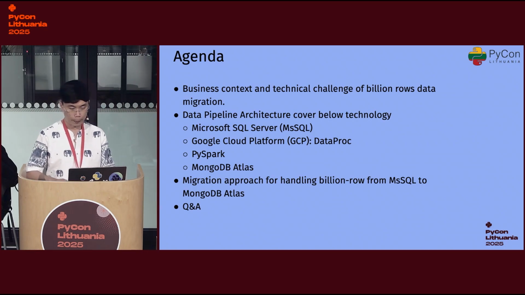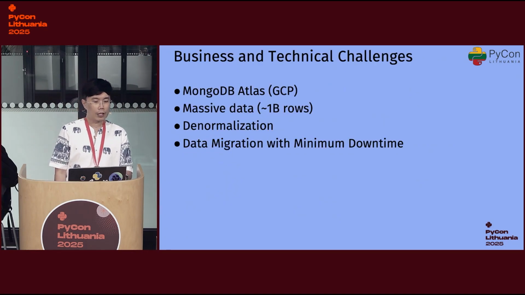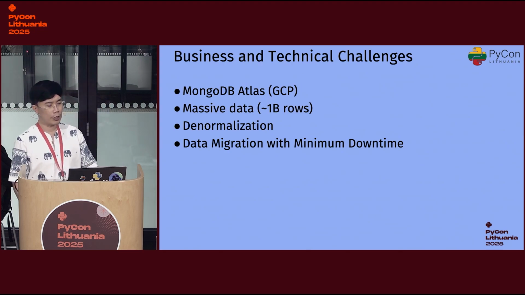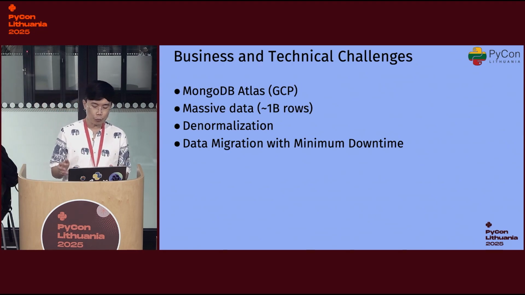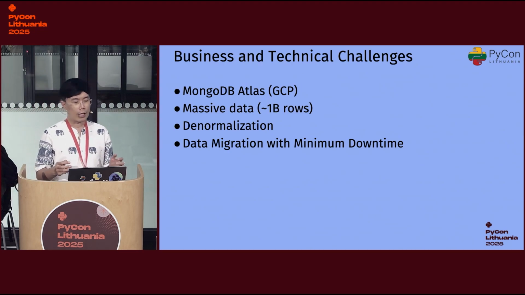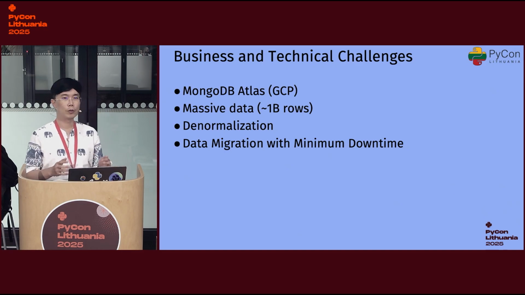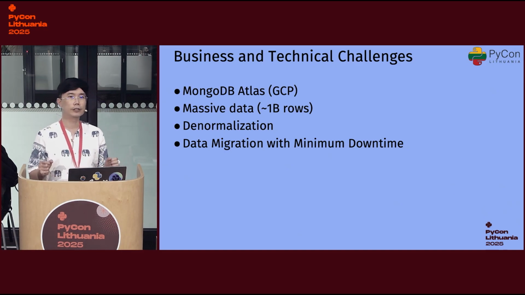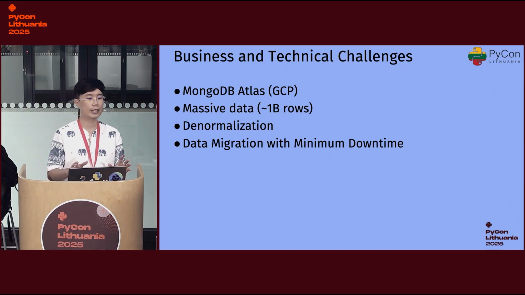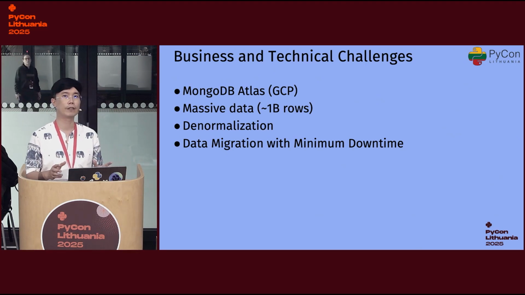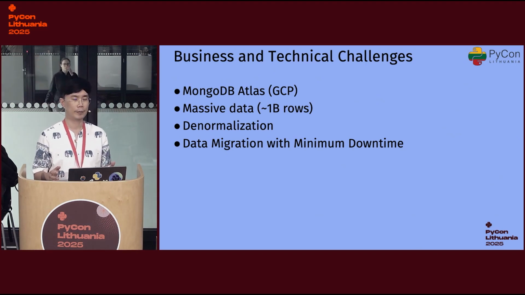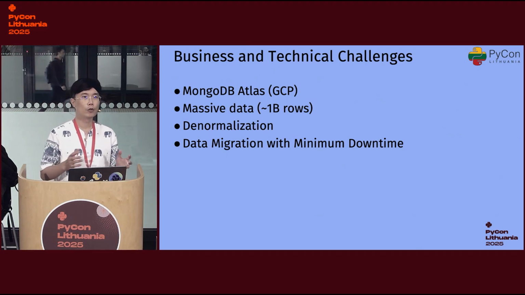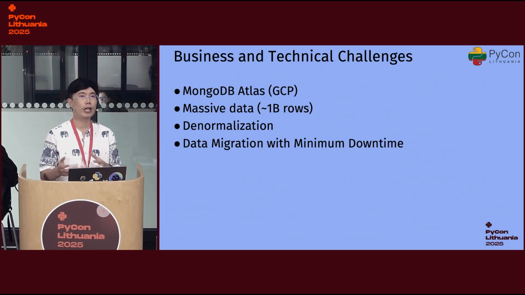The challenge is that at that time our customer tried to migrate, and they host everything on GCP. This is the limitation, the challenge from the business perspective. So they need to move to MongoDB on cloud.